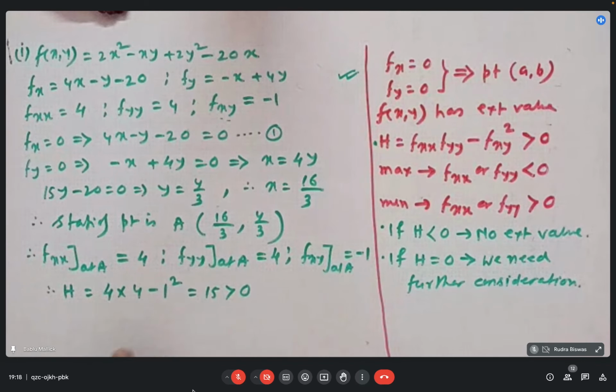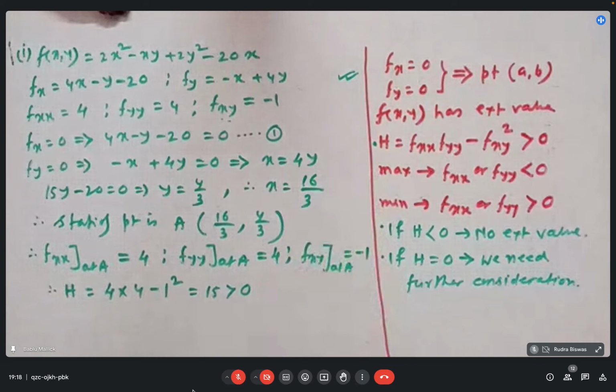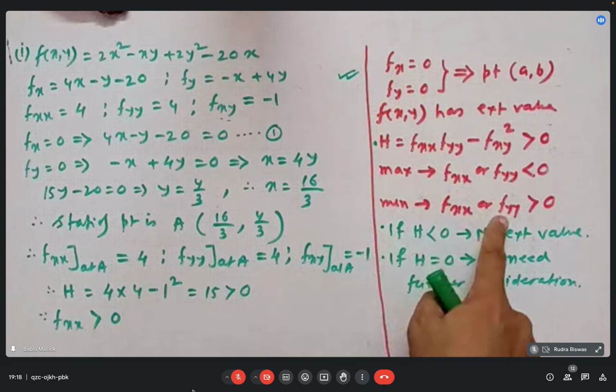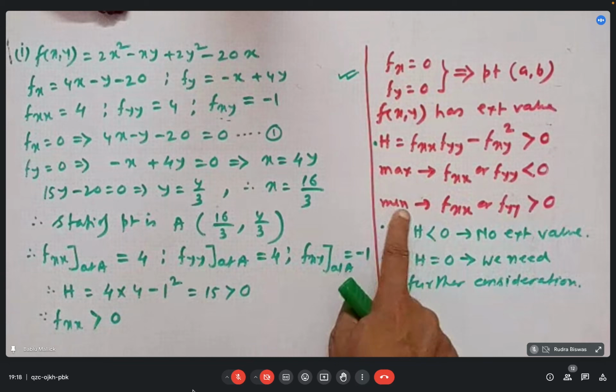So greater than 0 means a maximum or minimum value exists. Now test for maximum or minimum. Since fxx is greater than 0, that means a minimum value exists.